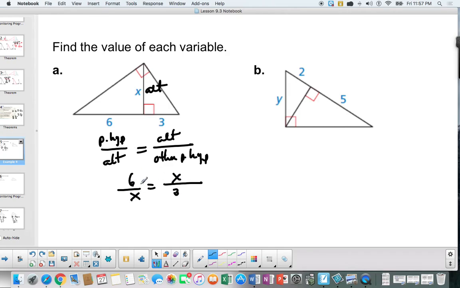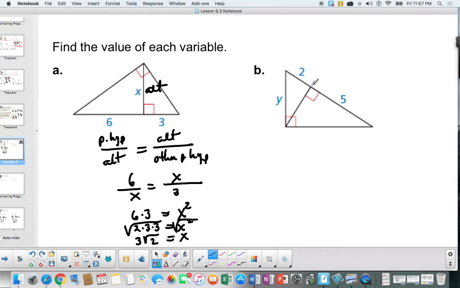And if you mixed it up and said 3 and 6, you get the same thing. So we get x squared equals 6 times 3. So x squared is equal to 2 times 3 times 3. I'm going to take the square root of both sides. So I'm going to get x is equal to, I see a pair here, and then I'll be able to take that out of the square root. So the answer is 3 root 2.